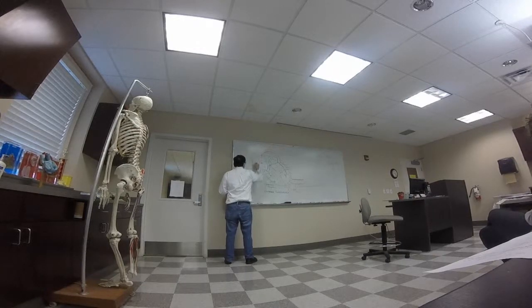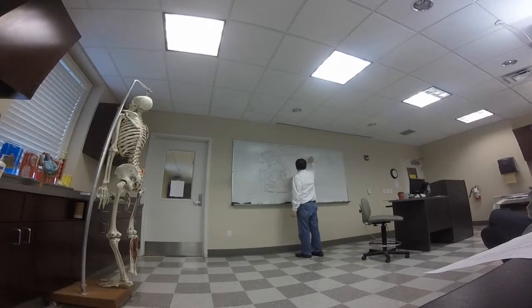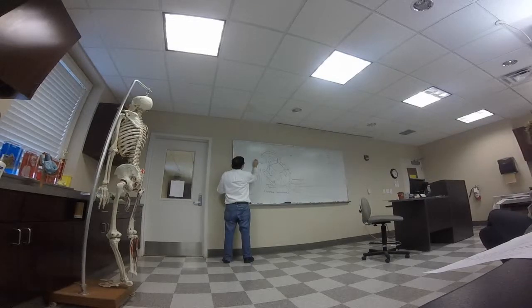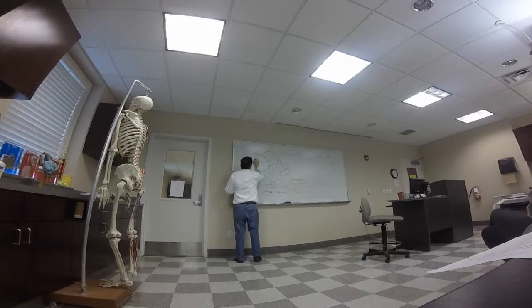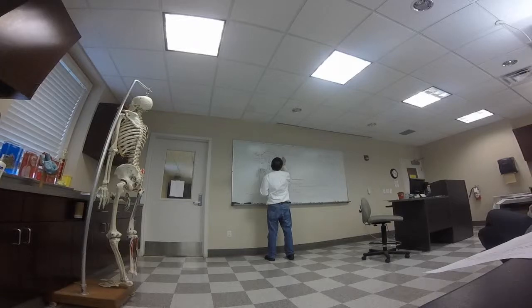Here's one big lung, and here's another big lung over here. Now, emerging from each lung are going to be two pulmonary veins, and they're going to empty into the left atrium.